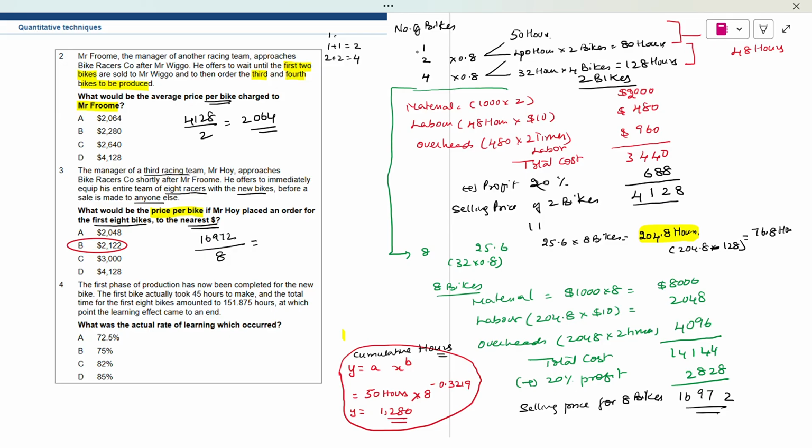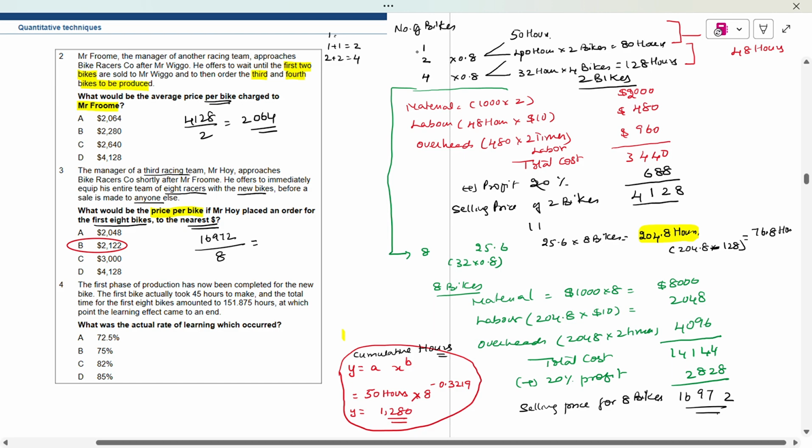I'm cross checking whether we can put in the labor hours. Labor hours, how much is there? 204.8. No, it will not come. Again, check.